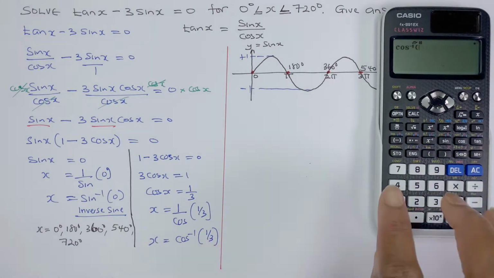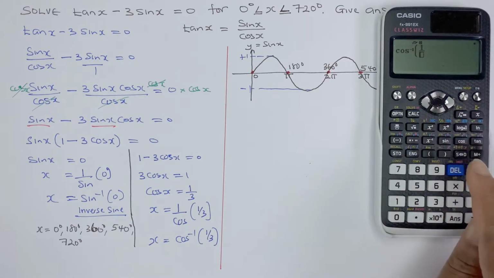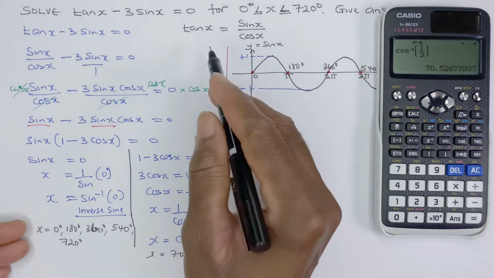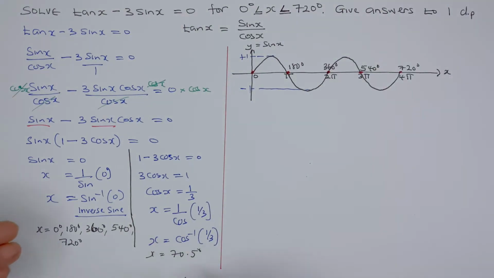We need a fraction, so fraction key, 1, bring that down to 3, close the bracket, 70 point, so x is 70.5 degrees because we have to give it to 1 decimal place. So that's 70.5 degrees. But I need to find the rest of the values for x.